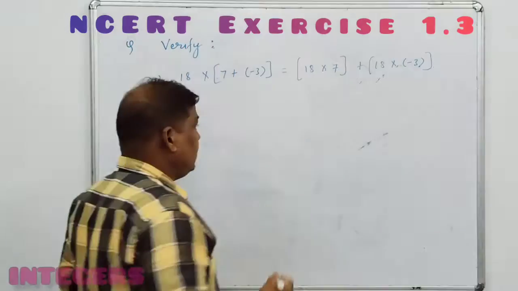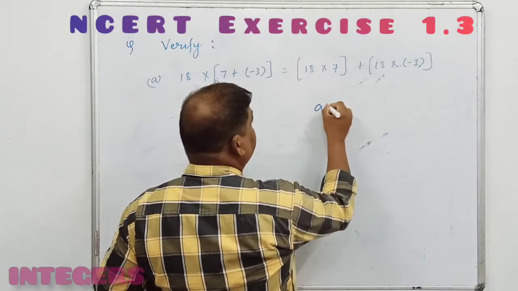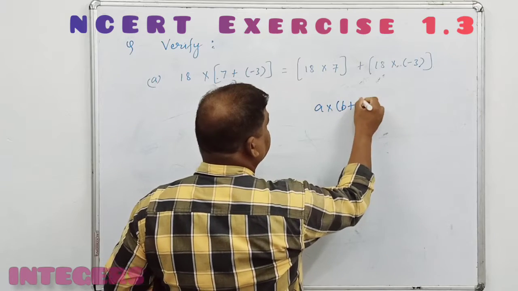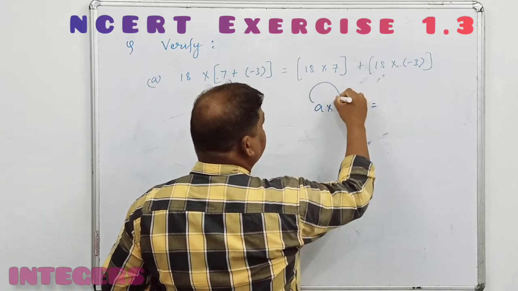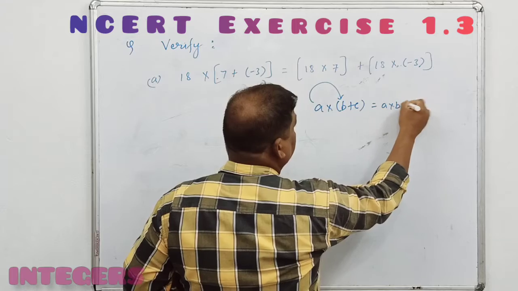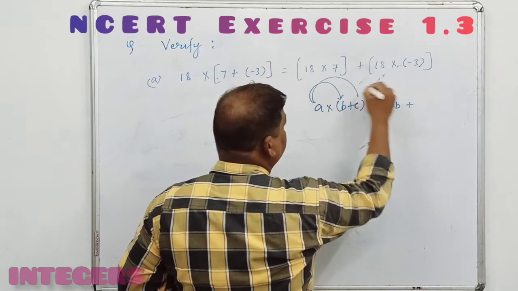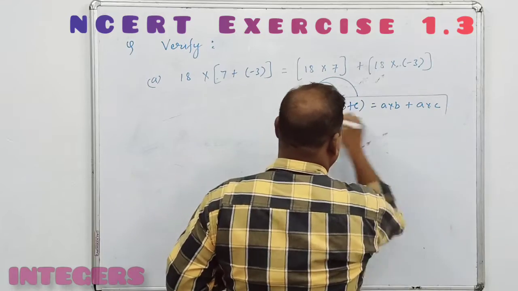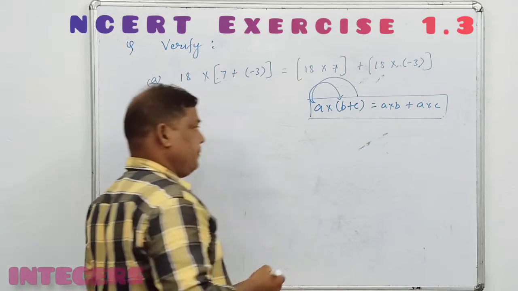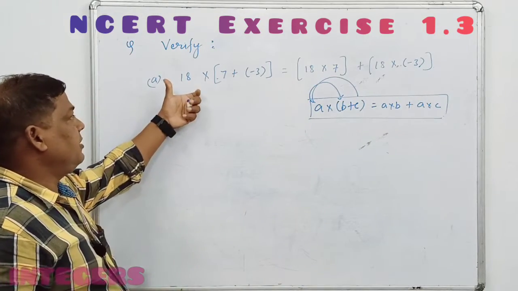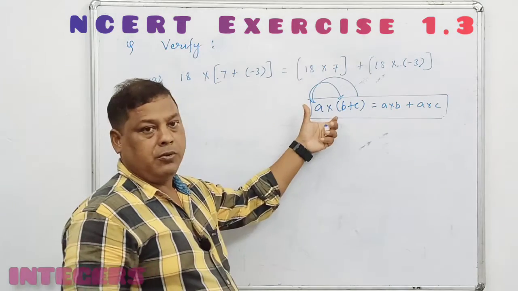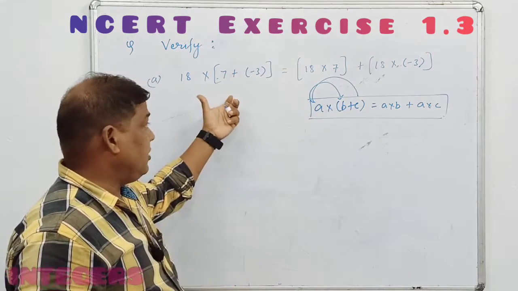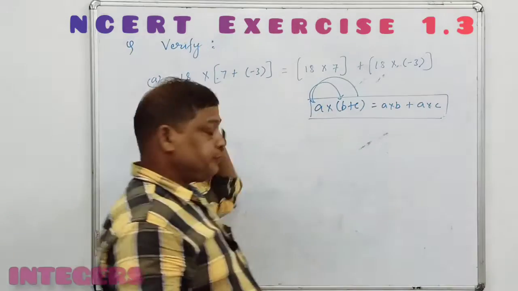We already learned the distributive property: A into B plus C will be A into B plus A into C.